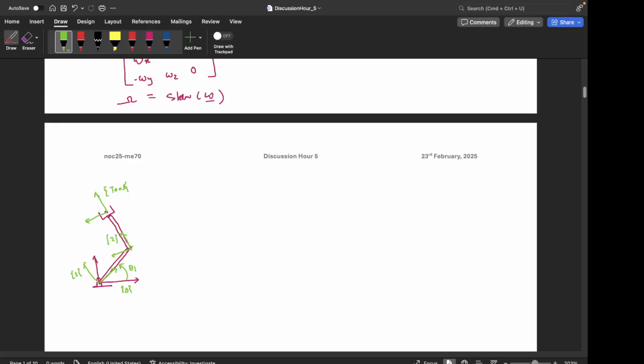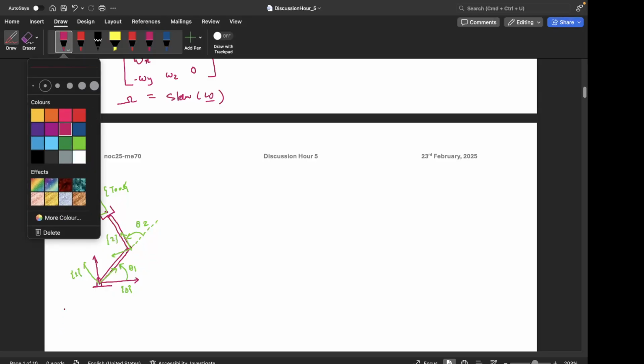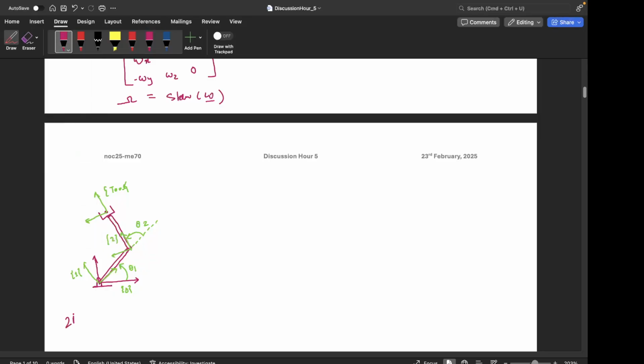This is frame 2, and this is theta 2. Right, so this is the 2R manipulator.